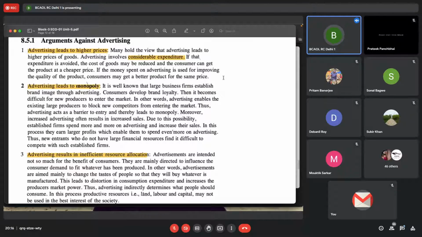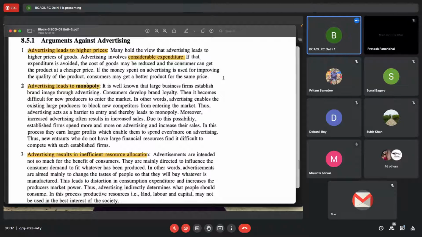So when this question comes, you also have to do the same thing. You have to provide arguments against first, then in favor, and then conclude. Please don't forget to conclude. Write it in your own words, what you think about it.